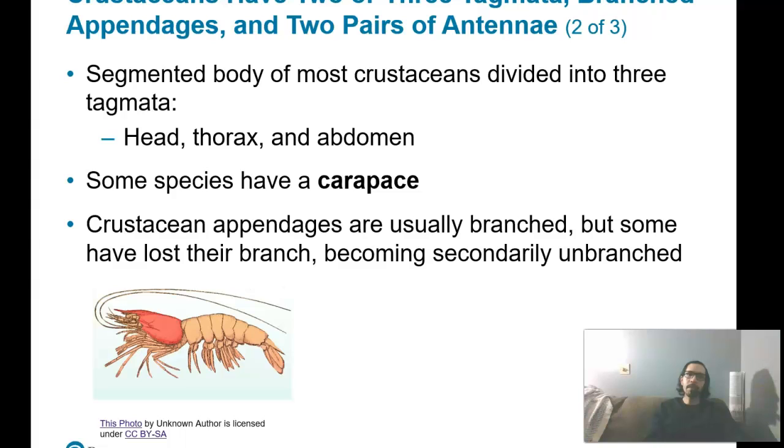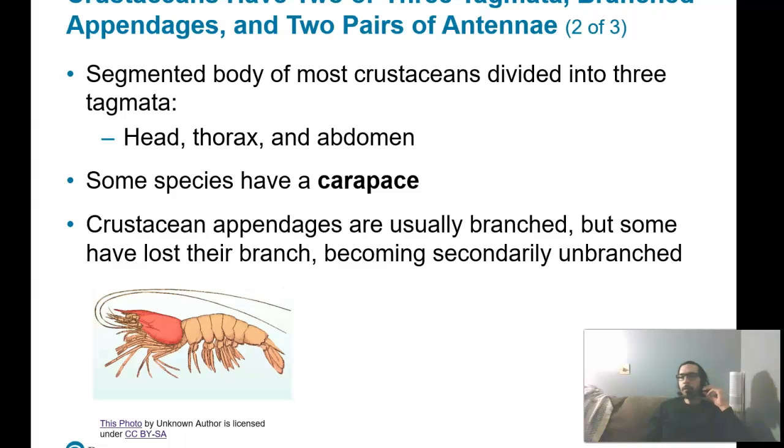Crustaceans have a segmented body that's divided into three tagmata: the head, thorax, and abdomen. But some species have a carapace, which is a plate that's formed above the exoskeleton, and in this case the head and the thorax are fused, so they have a cephalothorax and an abdomen.